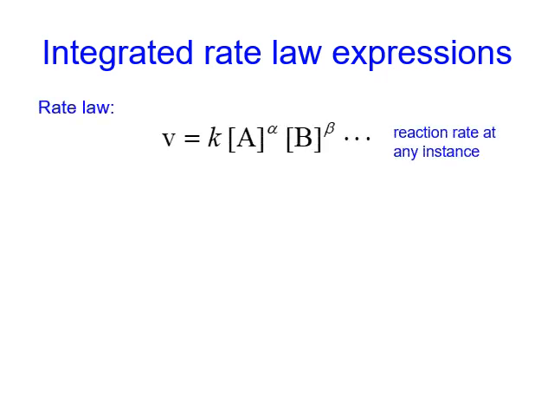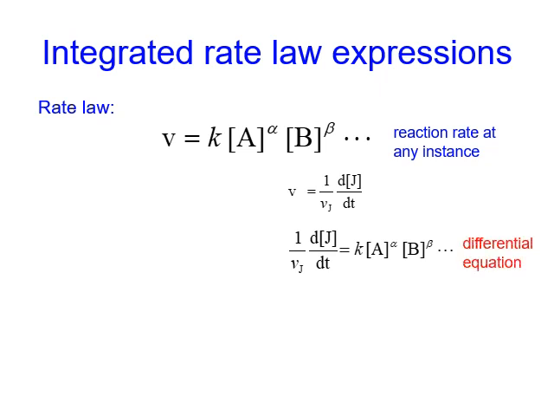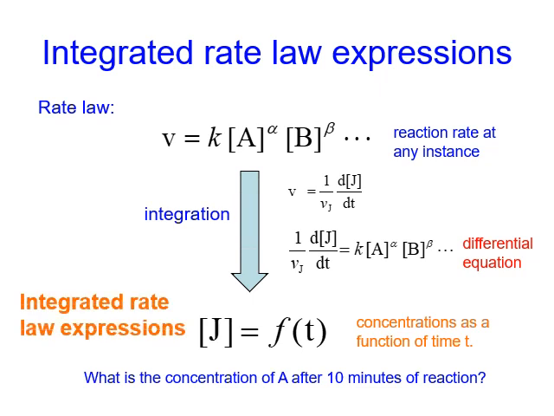Now let's come back to the rate law. Here is the general equation for the rate law. Remember, reaction rate is defined as the derivative of concentration over time. The opposite operation of the derivative is integration. So if we integrate, what we get is the concentration as a function of time.